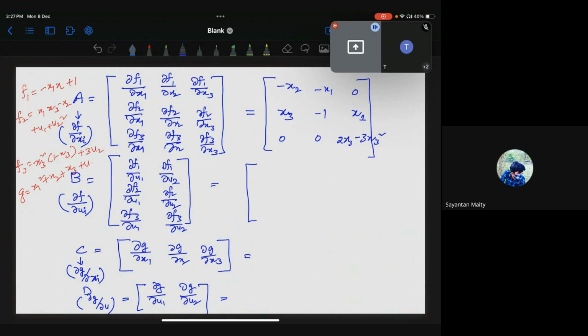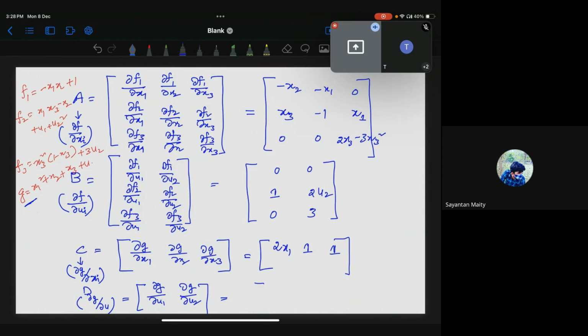This expression is with respect to U, so all X will become constants there. The first equation with respect to U1 is 0, with respect to U2 is 0. Then the next will become 1, 2U2, and the last one is 0, 3. Next, the last equation with respect to X1 is 2X1, next is 1, next is 1.